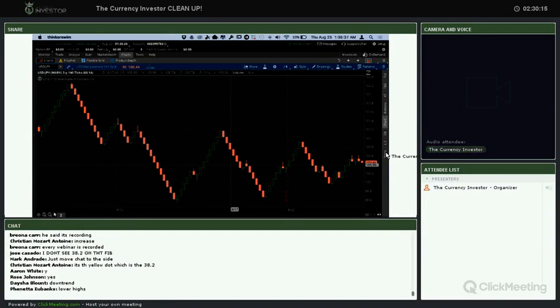Where should you be looking? To the left. What are we looking at on the left? What are we seeing on the left?